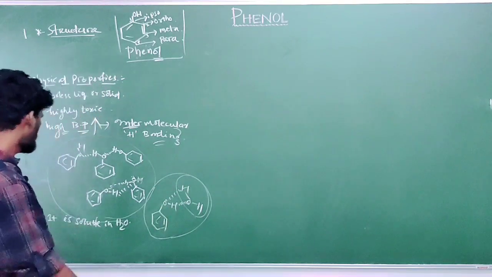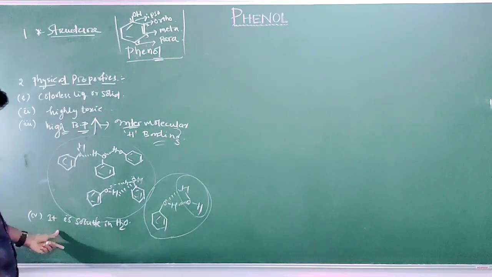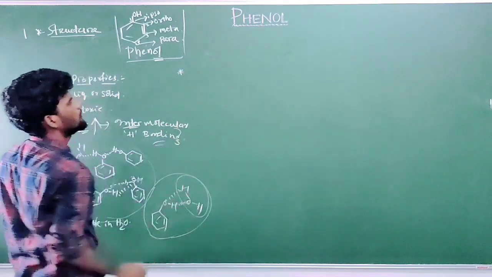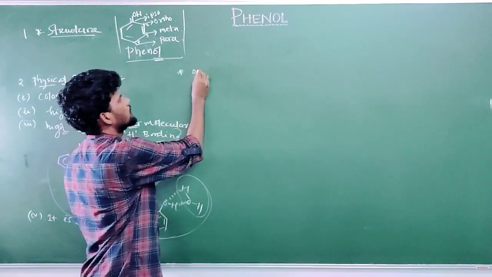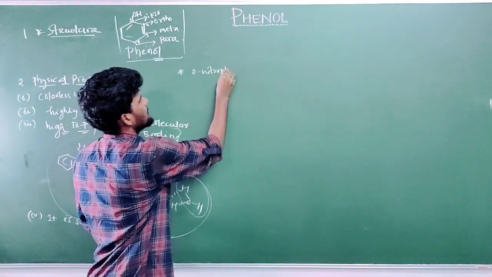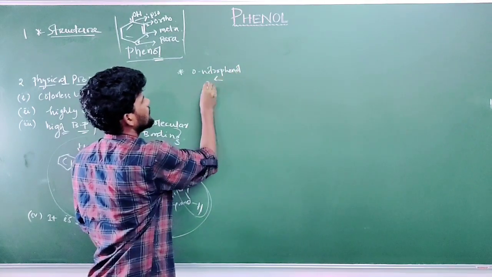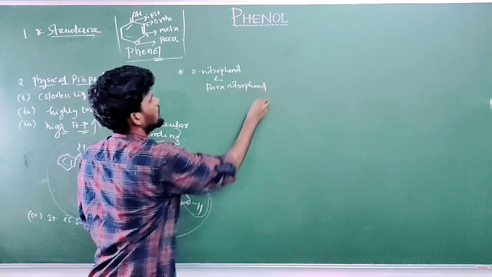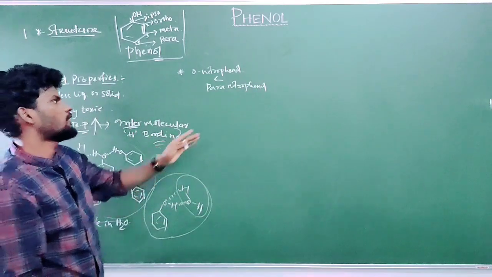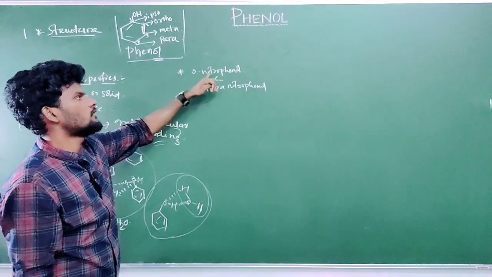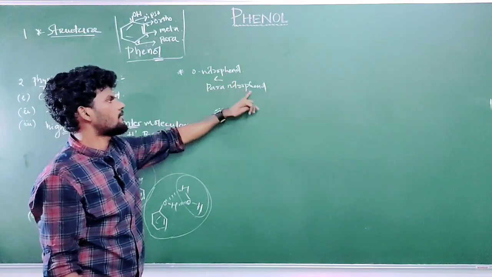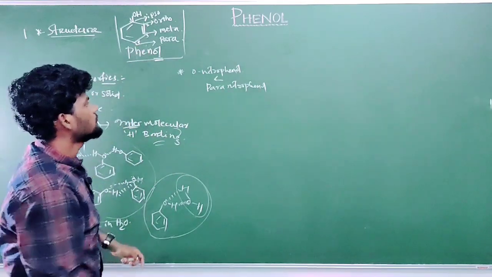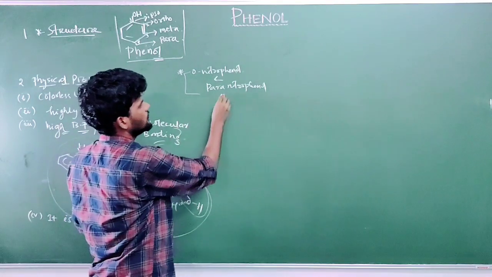In solubility I have a question for you. Between ortho nitrophenol and para nitrophenol: in ortho nitrophenol, one nitro group is attached to the ortho carbon of the phenol ring, and in para nitrophenol, one nitro group is attached to the para carbon.